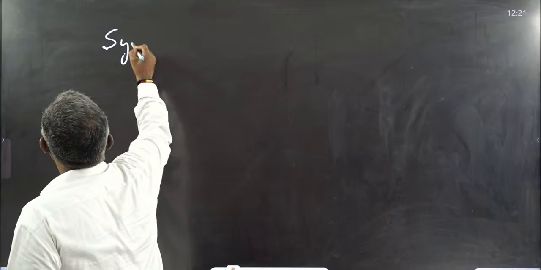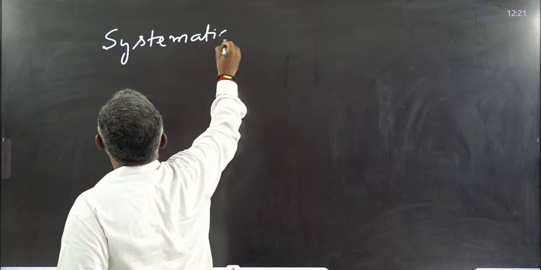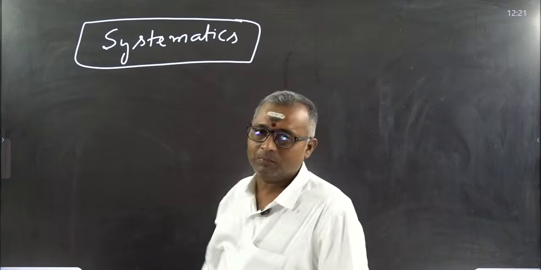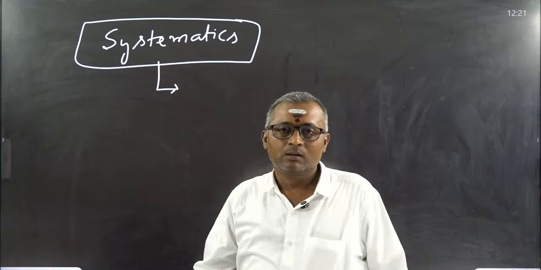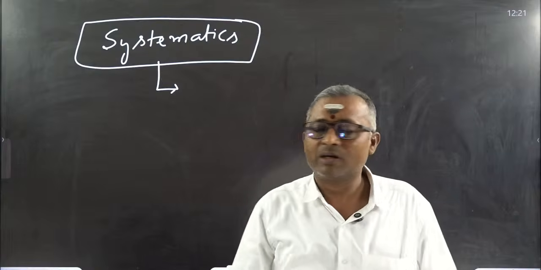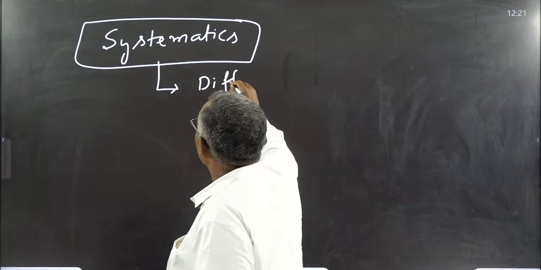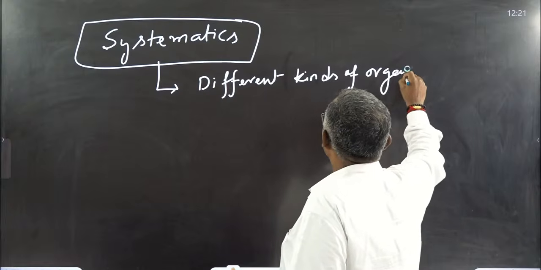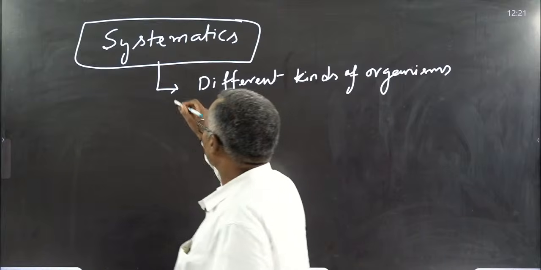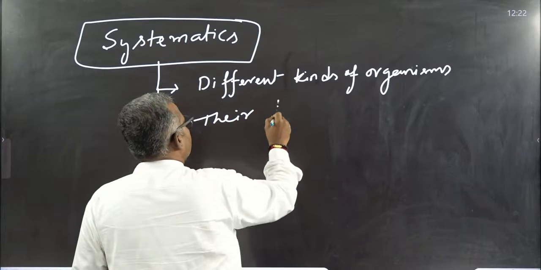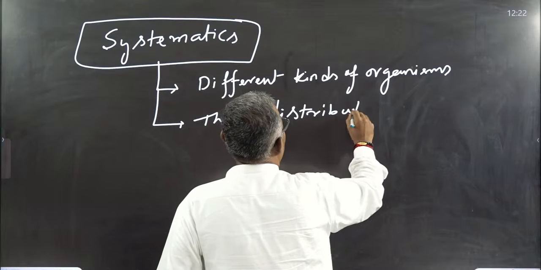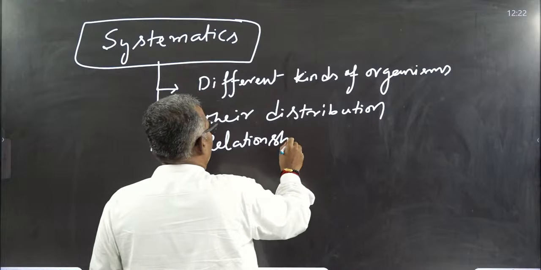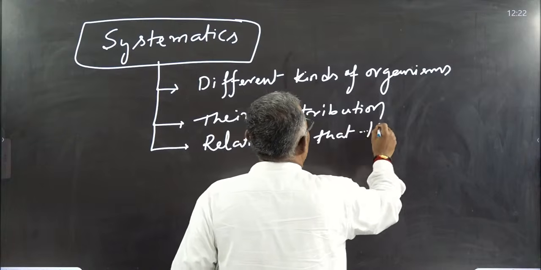Systematics is a study that deals with different kinds of organisms, their distribution, and the relationships that they have.